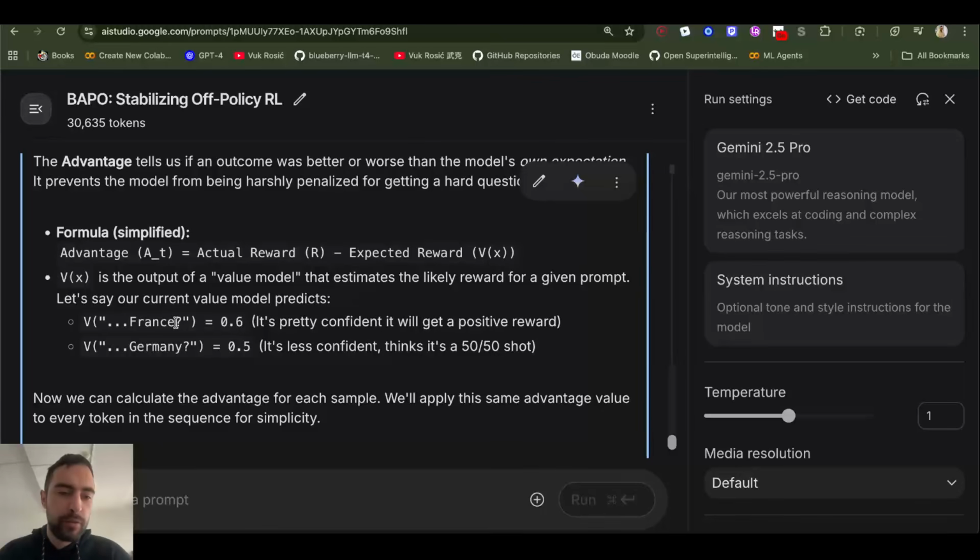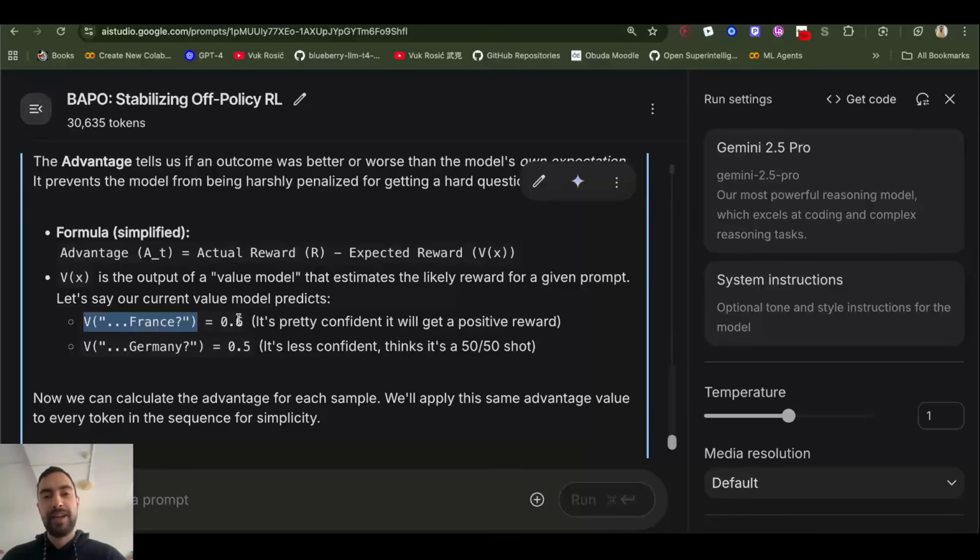One method would be to just generate a bunch of answers to this same prompt. Just ask it over and over again the same question, and see which ones are correct, which ones are not correct. And then there is some formula or different ways there to calculate expected reward by looking at how the model answers this question over and over again.